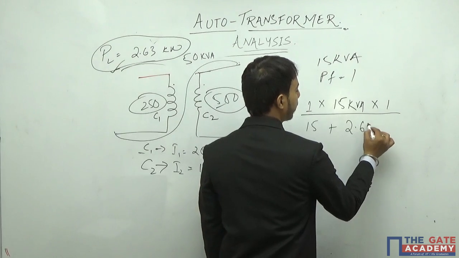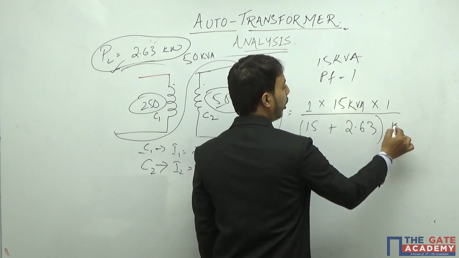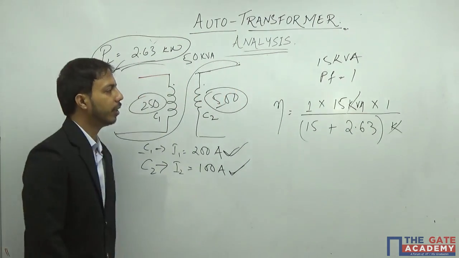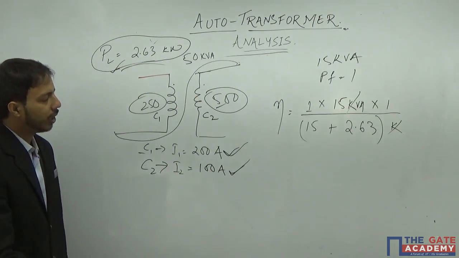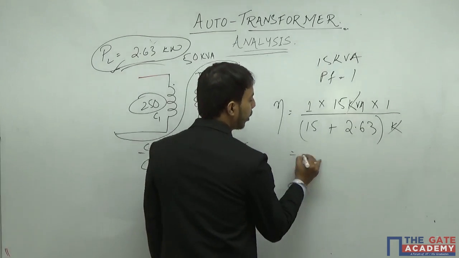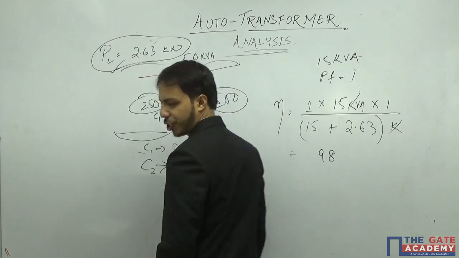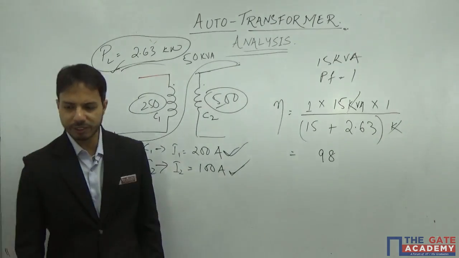So 2.63, both of them in kilo. So this kilo and this kilo cancel. So it will be 15 by 17.63, and if you calculate this, it will become 98.276%.